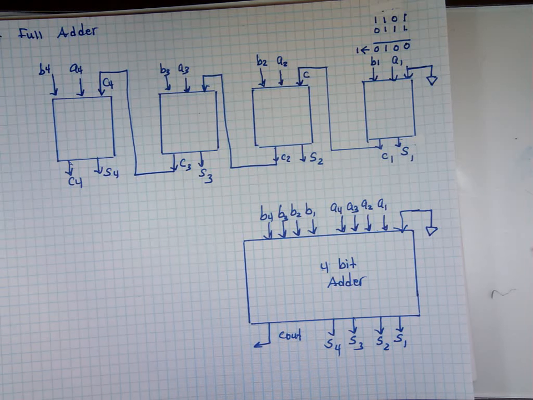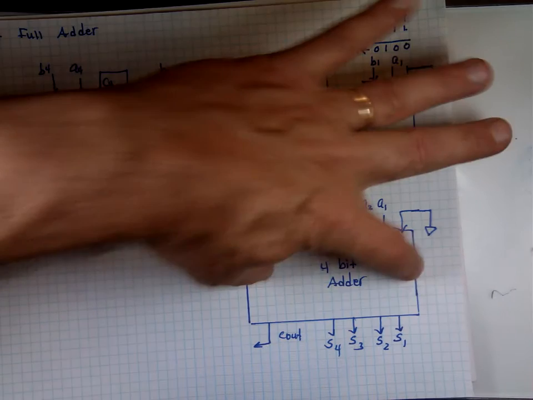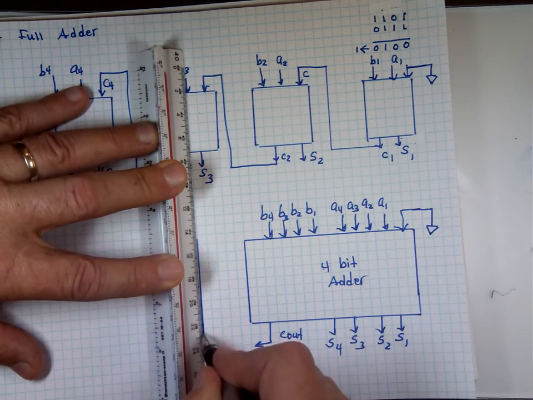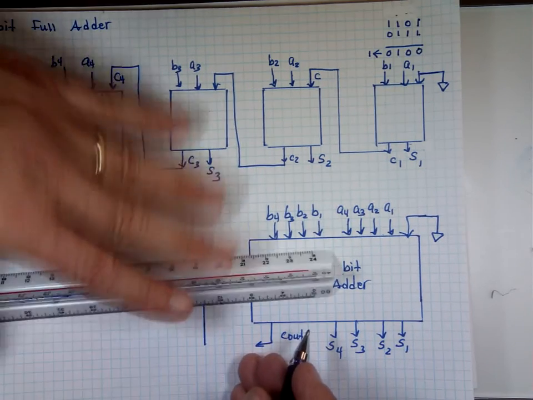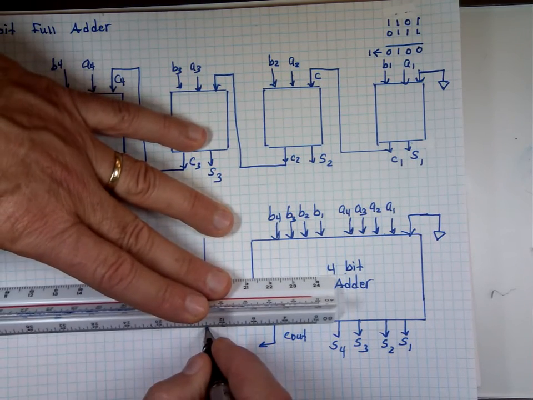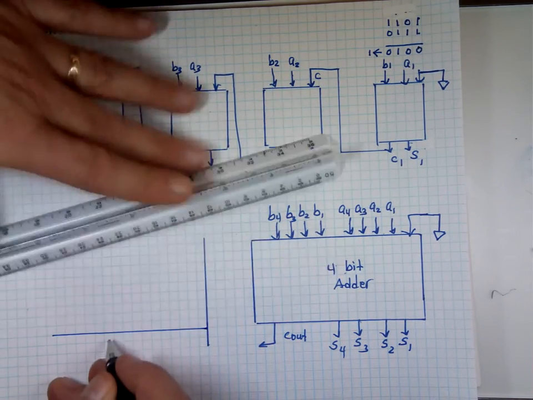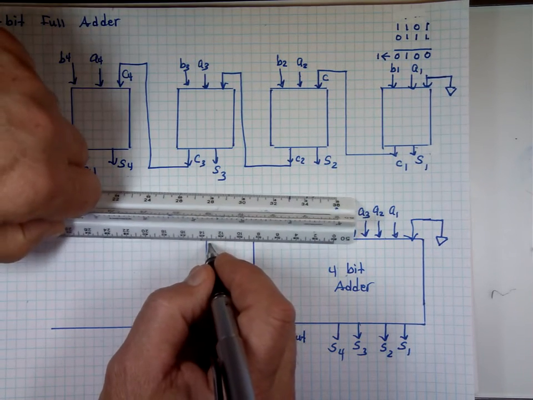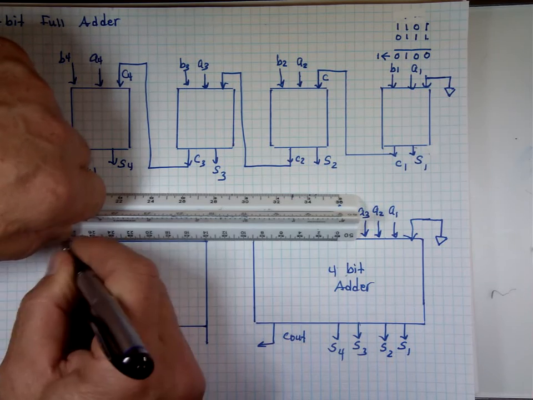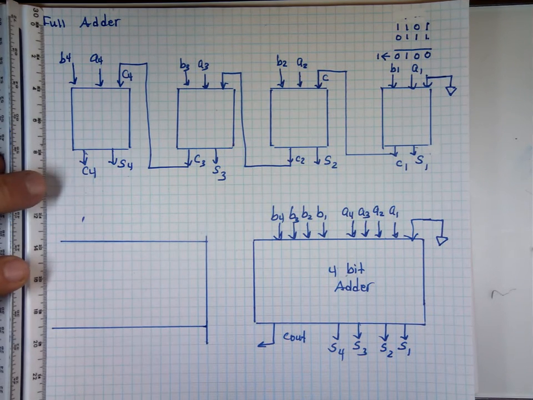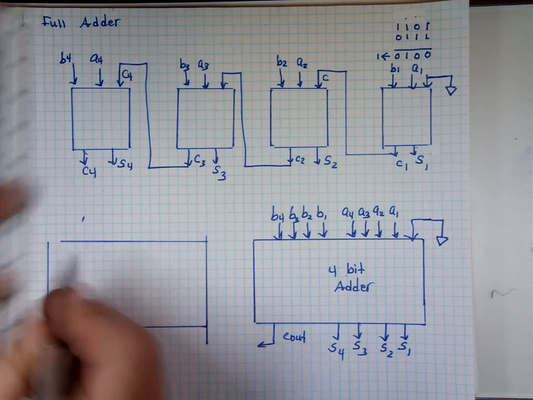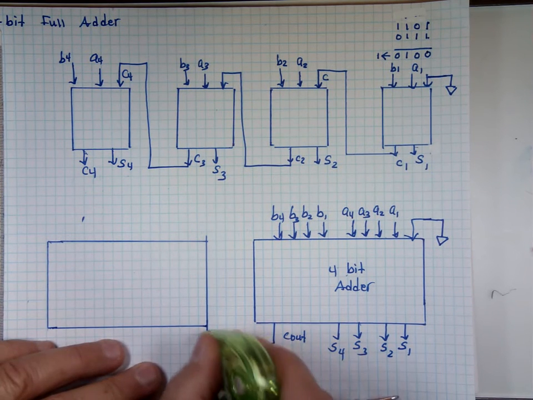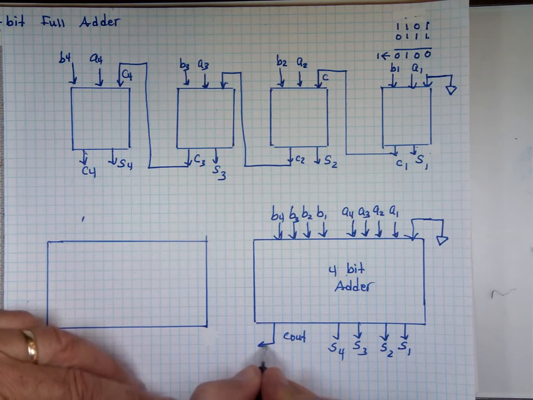If I want to make an 8-bit adder, I buy another one of these, a 4-bit. And I will take the carry from this now and do what with it?